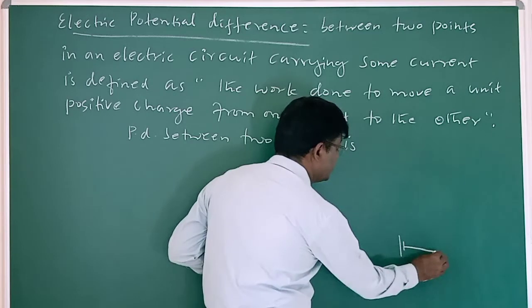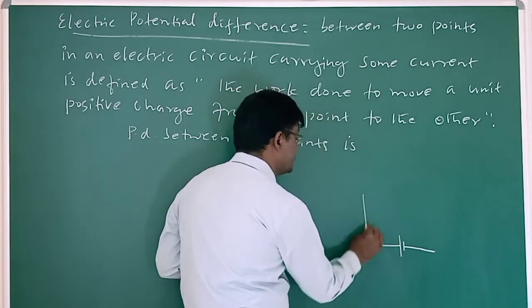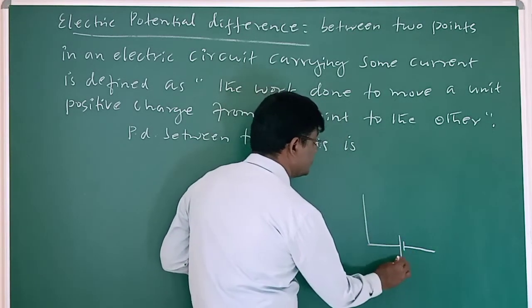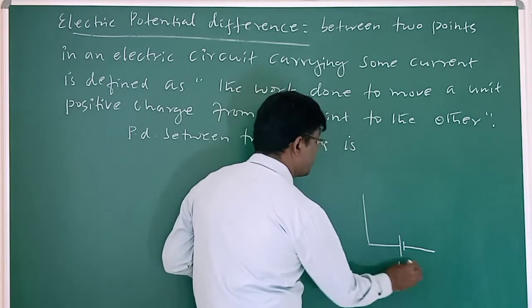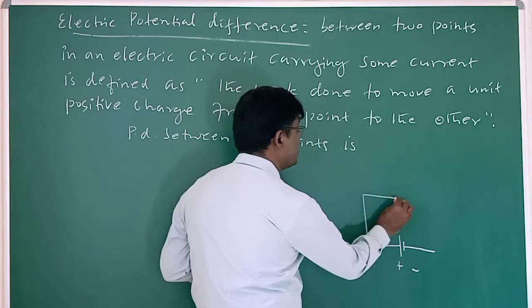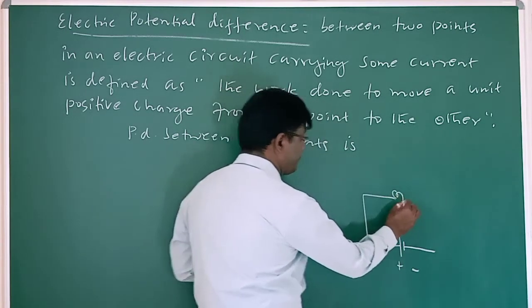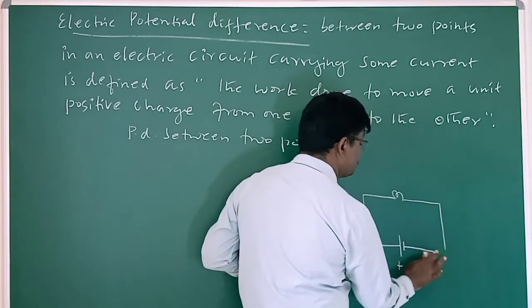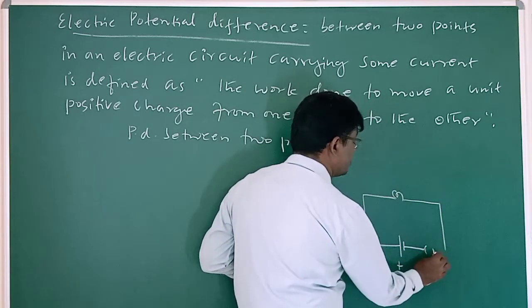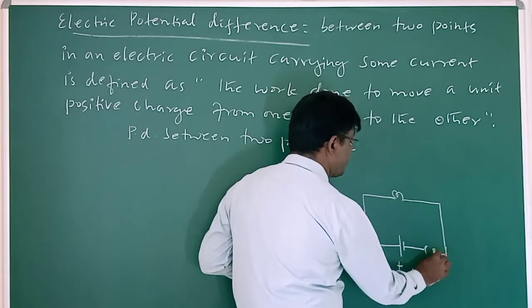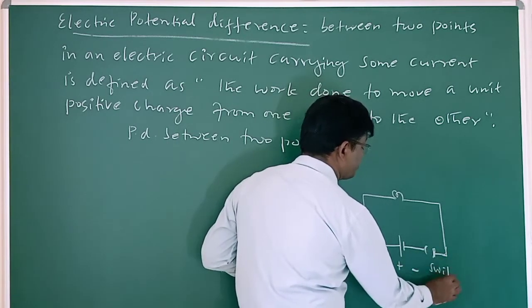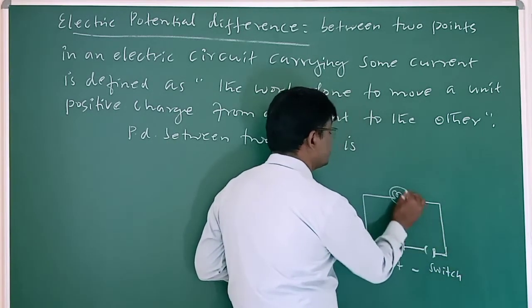In detail we will discuss in further classes. This is a cell, plus minus, and an electric bulb, then just a switch, simple one.